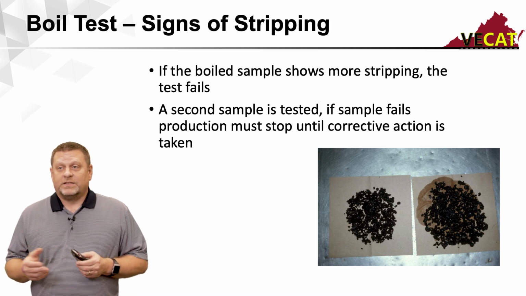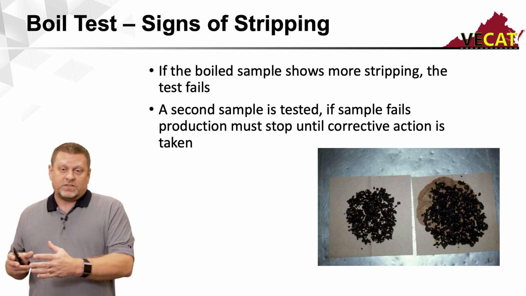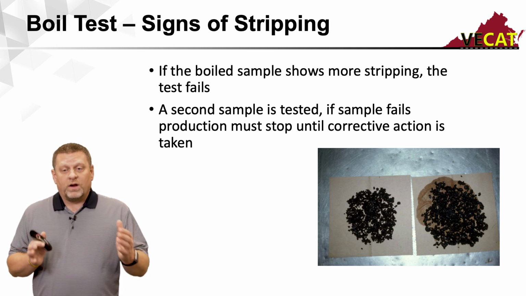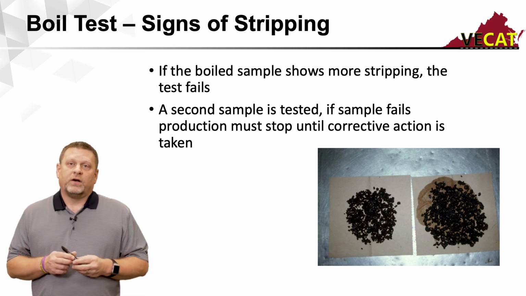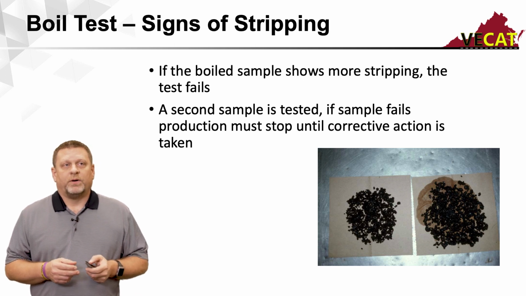If you mix up a sample with one anti-strip additive and another sample with a different anti-strip additive and run them both through the boil test, you can quantify really quick which one is going to work better with your aggregate and your binder. So I always like to mention that to everybody. It's a great tool for that purpose as well.